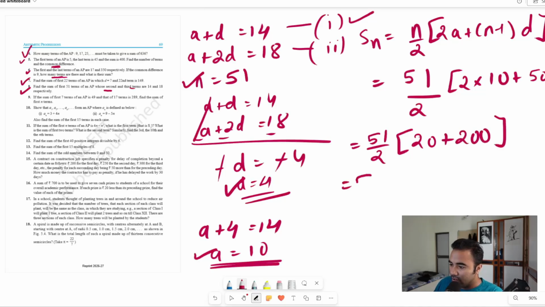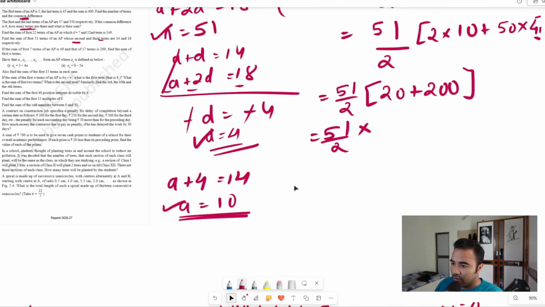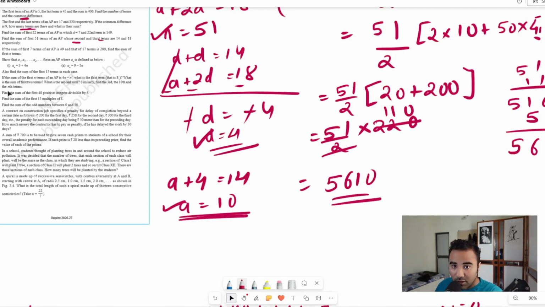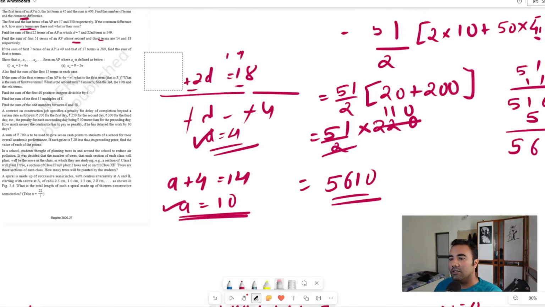That gives us 51 upon 2 into 220. This gives you 110, so 51 into 110, which is 5610. This is the answer to question number 8. Let's move on to question number 9.